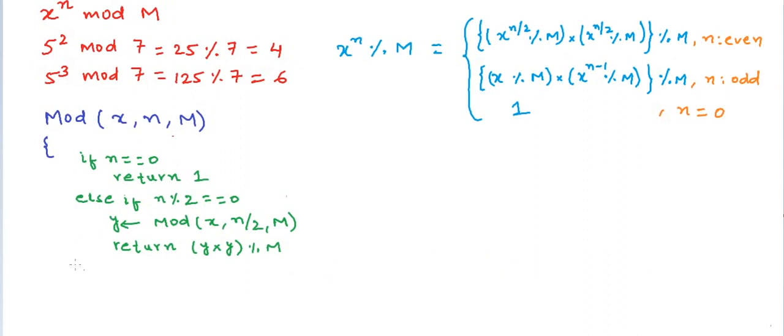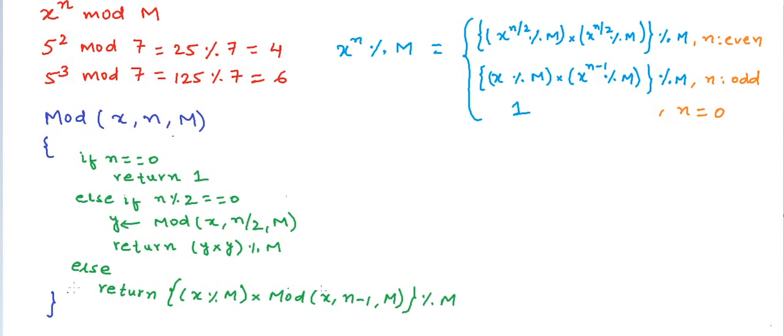Now if n is odd, then in that case we simply return x modulo m into x to the power n minus 1 modulo m, which is calculated by a recursive call, and an overall modulo m.